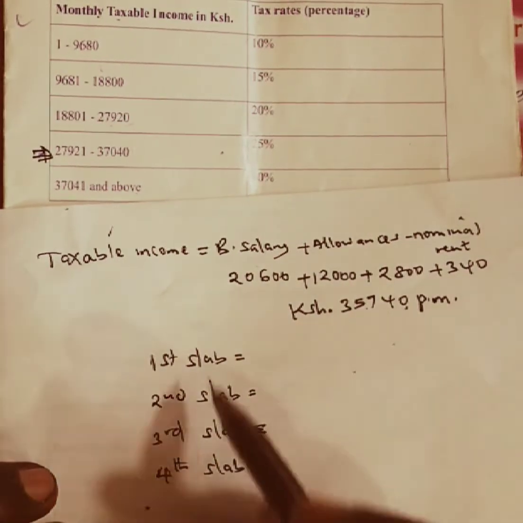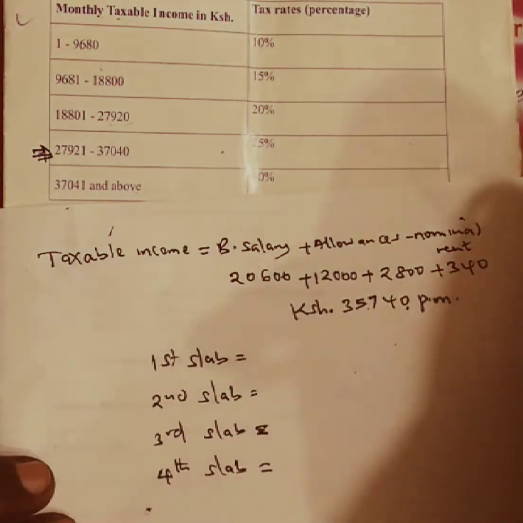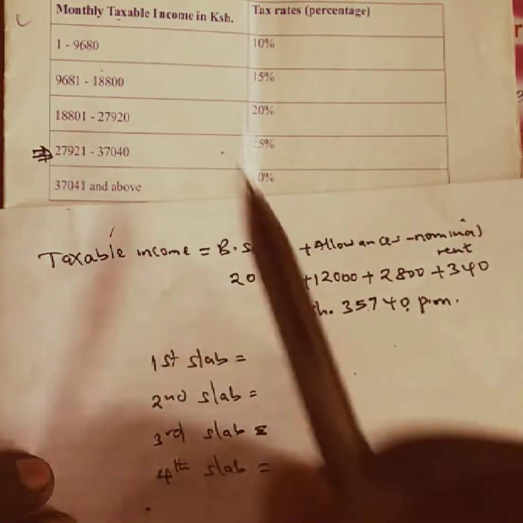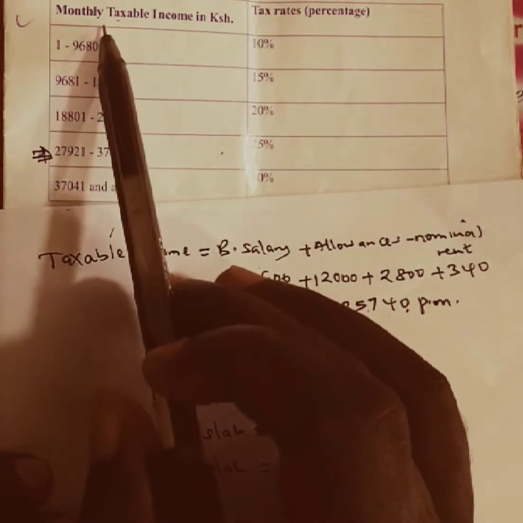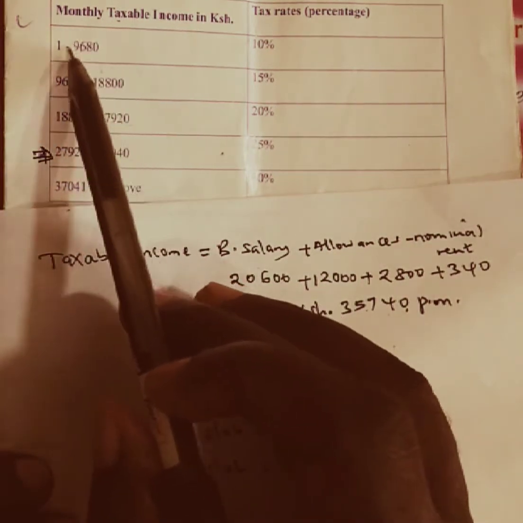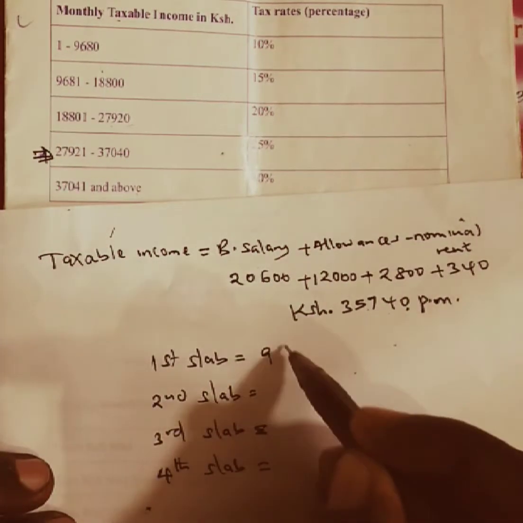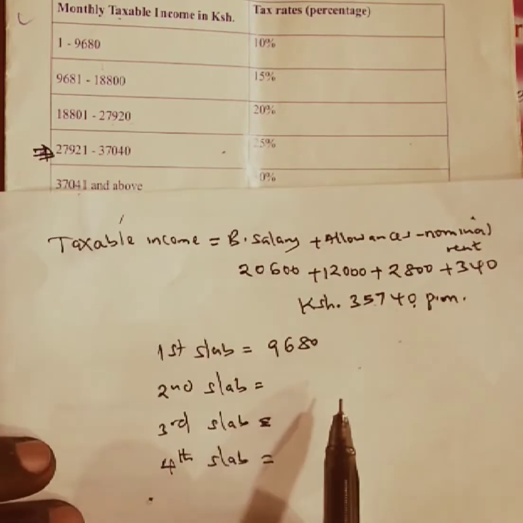Having gotten all your slabs, you need to know the amount you are going to tax in each slab. And for the first slab, we always take the maximum because we have the minimums and the maximum. So the first is 9680.